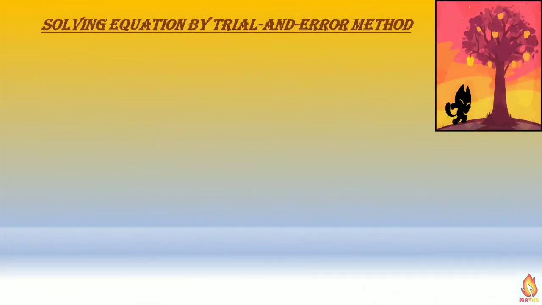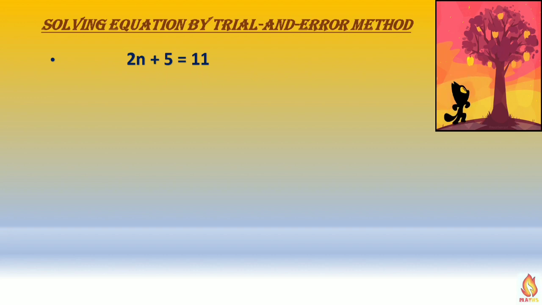So let us take one example. In this trial and error method, suppose we have 2n + 5 = 11. That means we have to try values of n and check whether that value is true for the equation or not.